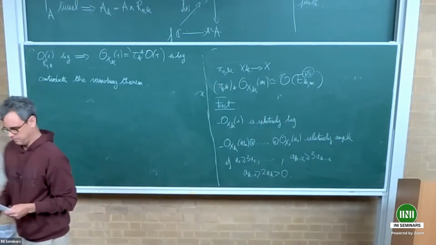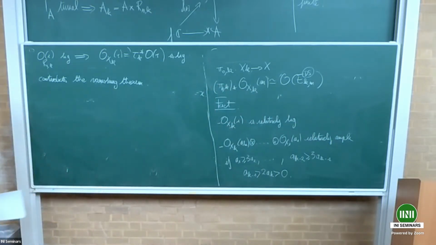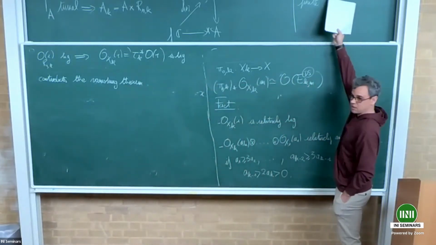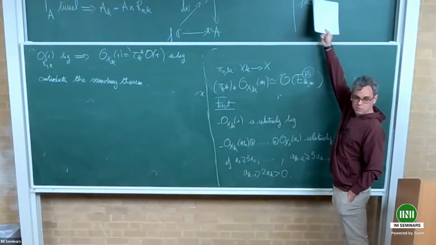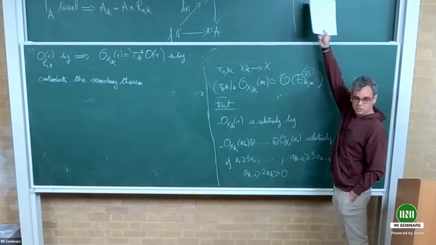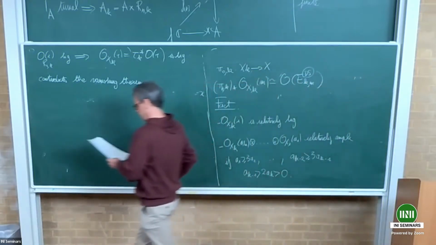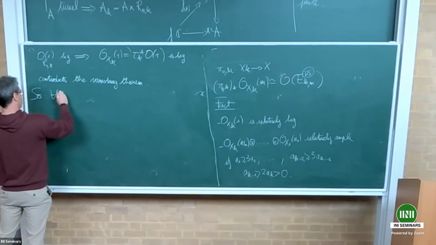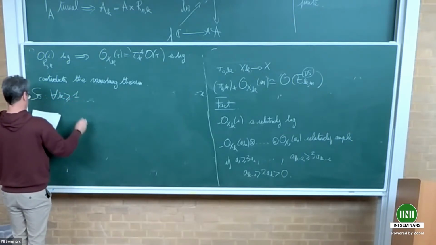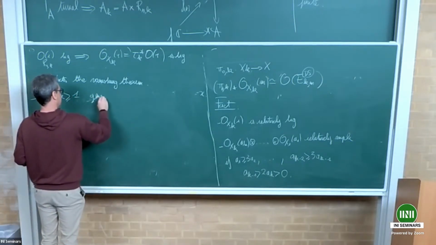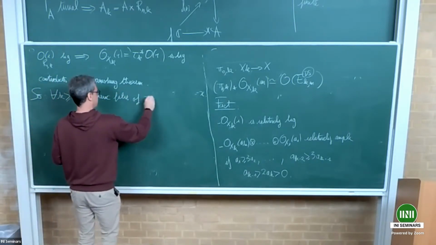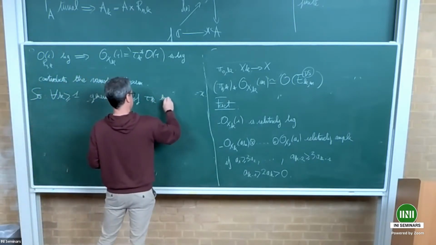Okay. So supposing that there was a k such that this is generically finite is absurd. So this means that for every k, this is not the case. So for every k, a generic fiber of tau k has a positive dimension.